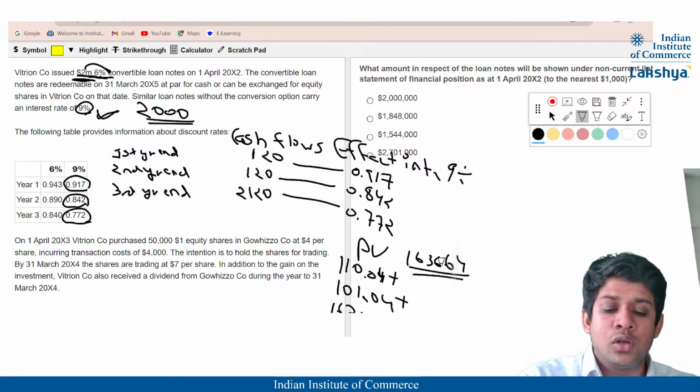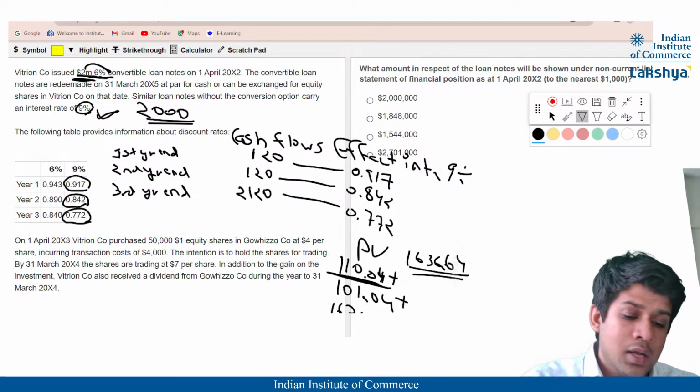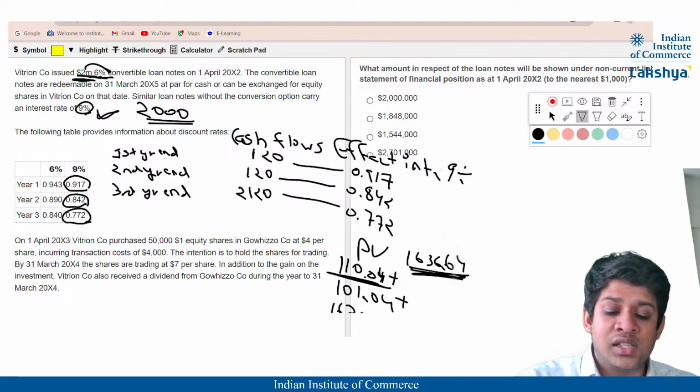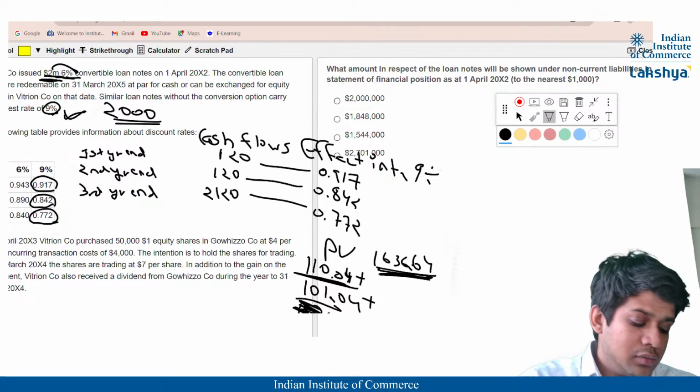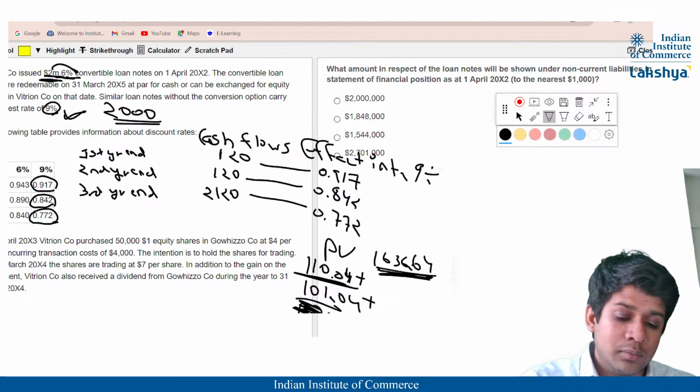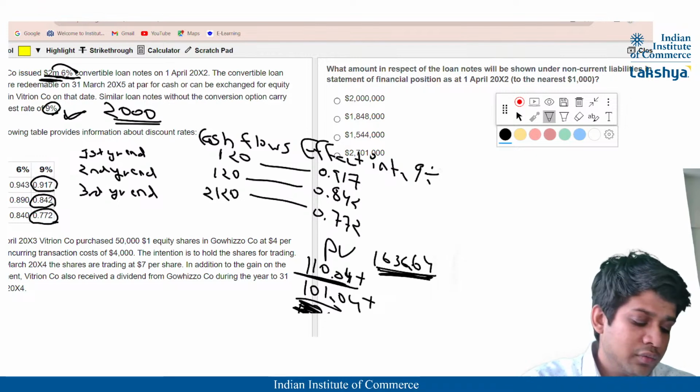So the total value will be 110.04 plus 1636.64 plus 101.04. Ignore this part. Plus 110.04 plus 101.0.